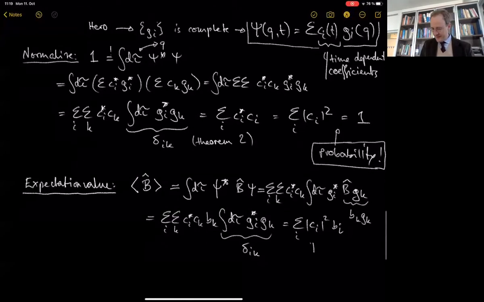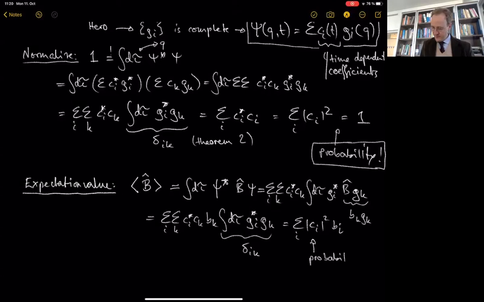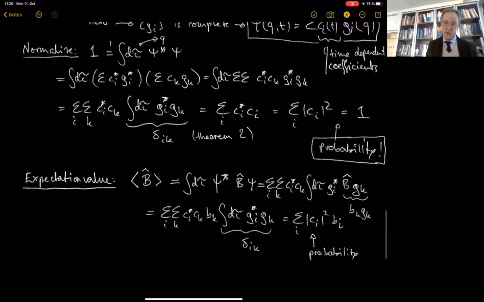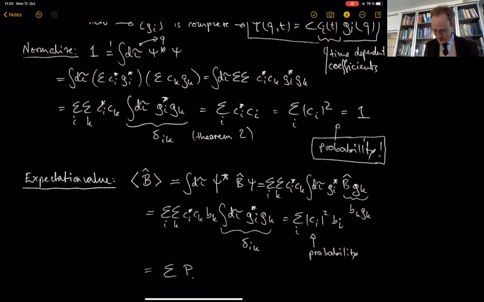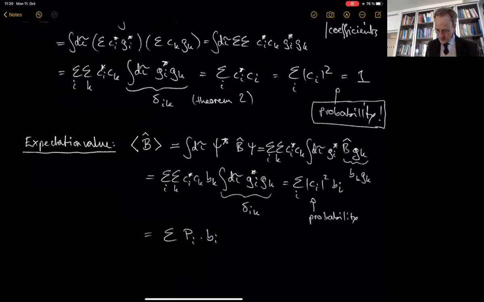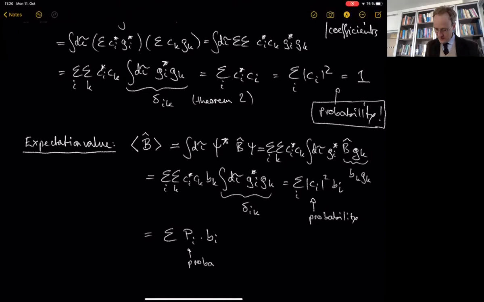Now, we said that this is a probability. So what this looks like, awfully much, is exactly what a probabilistic expectation value would express. So this is the same as the probability of i times the outcome of i, right? So this is our probability. Well, I've written it up here.